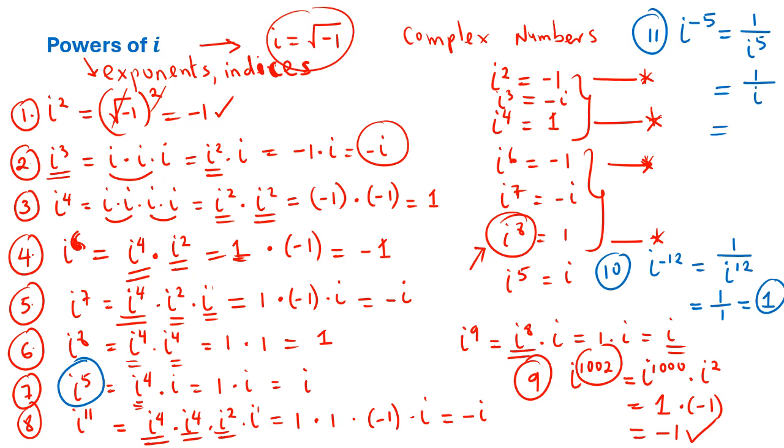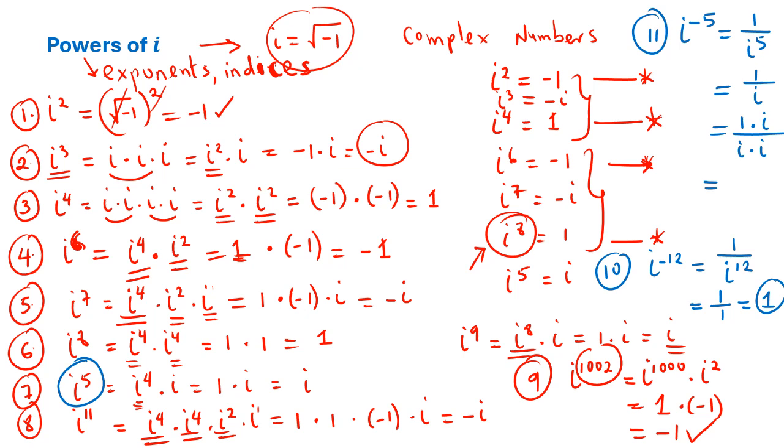Now, 1 over i, so we have to work on the denominator. You want to make sure that your denominator is not imaginary. One trick that you can use here is to multiply it by itself, so you make it rational. So you multiply both the numerator and the denominator by i. You also have to go up to the numerator and do the same so that you have an equivalent fraction.